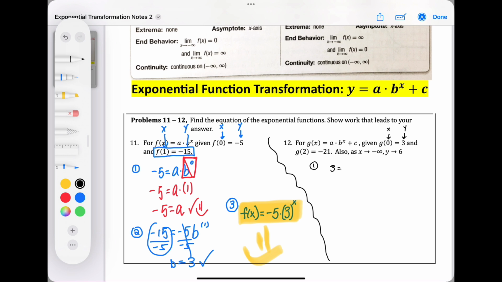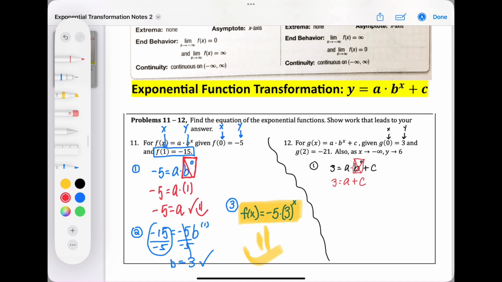So I have 3 is equal to a times the base to the power 0x plus c. Believe in yourself. You said the power 0 will make it equal to 1, so I don't need to worry about that. So that tells me 3 is equal to a plus c.